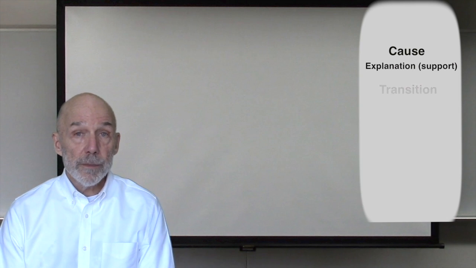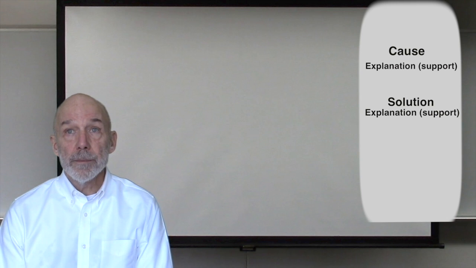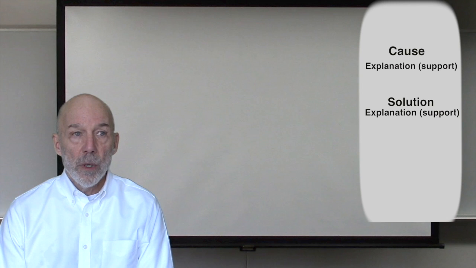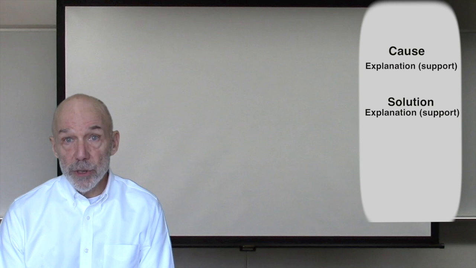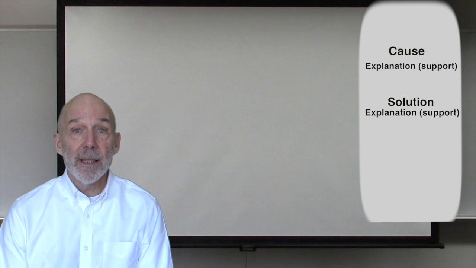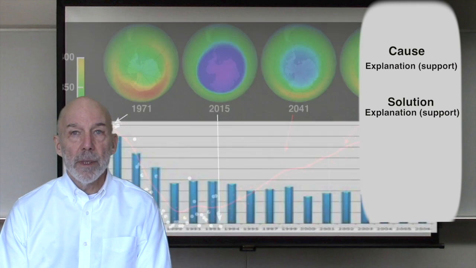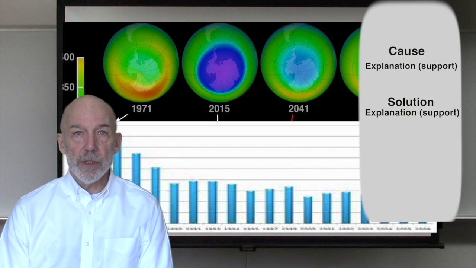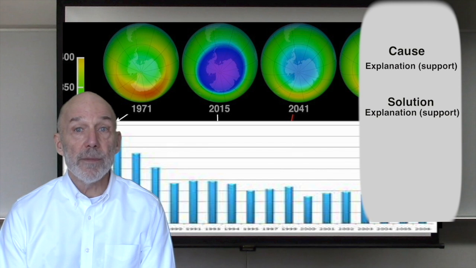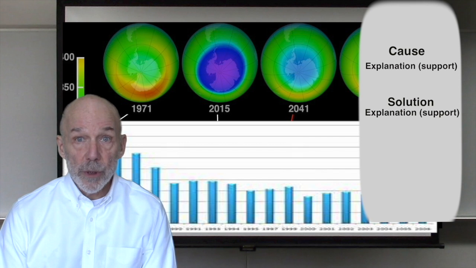The solution? Well, since these chemicals are man-made, the solution is to stop making them. And in fact, that happened. Most industrialized countries have banned the production of CFCs, and the results are the good news.